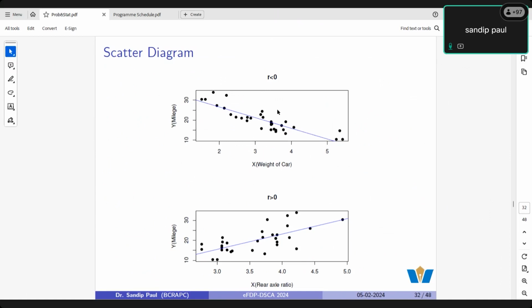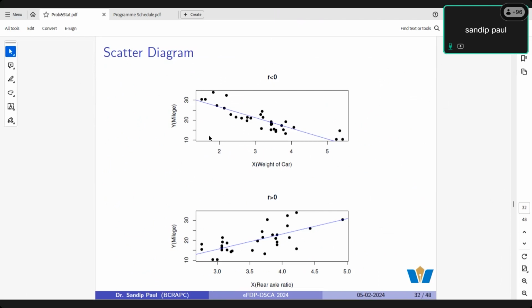So first of all, if we have a set of values of x and y, we can plot them in the two-dimensional plane. It is called the scatter diagram. By checking the scatter diagram, we can get some insight into the data. If we consider the first diagram, at the beginning where x is very small, y values are large, but as x increases, y is decreasing.